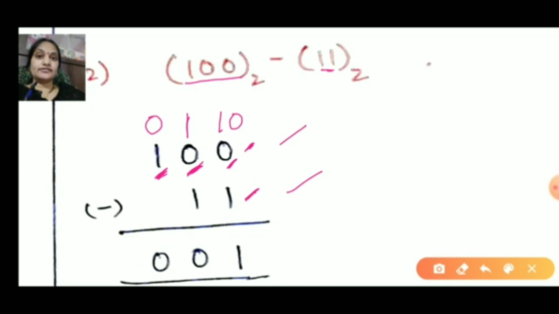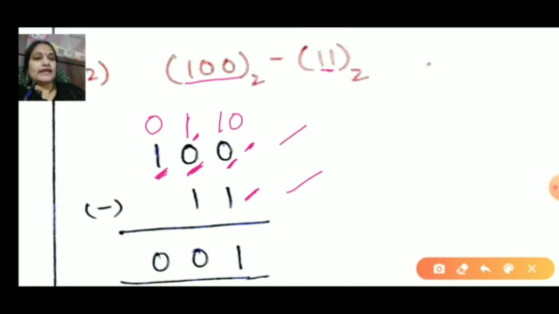In case of decimal number system, what we have written there? We have written 9 there. Why? Because 9 is the highest digit in the decimal number system. But in case of binary number system, the highest digit is 1. That's why we have written 1 here.